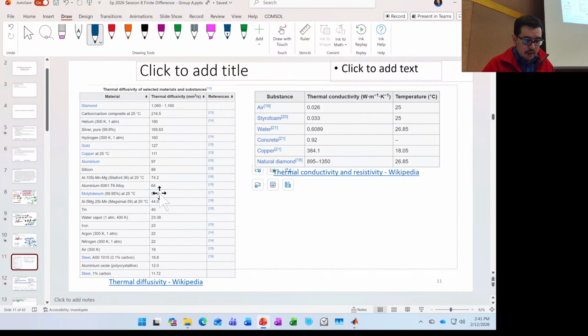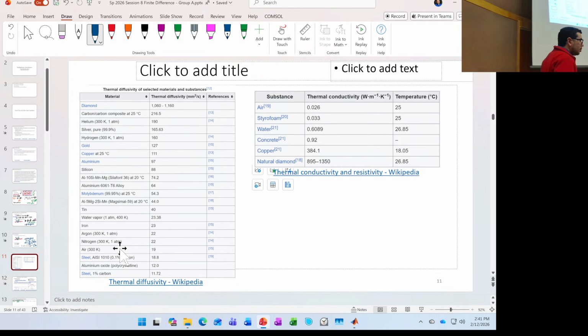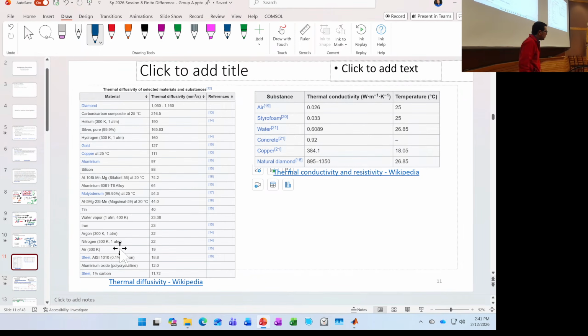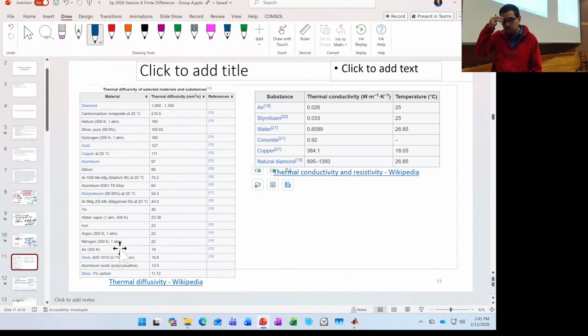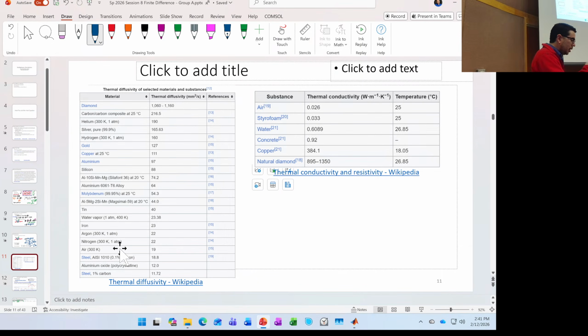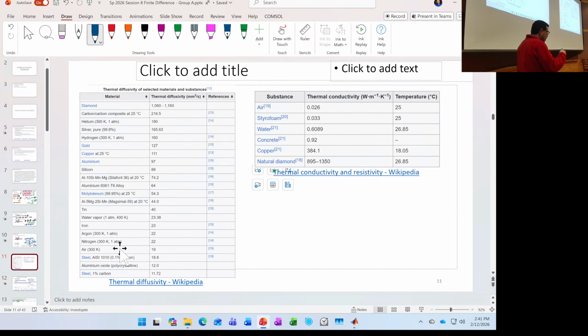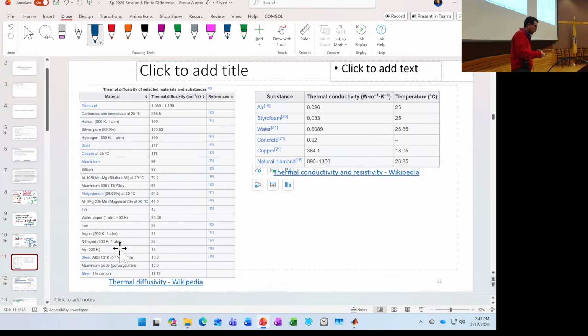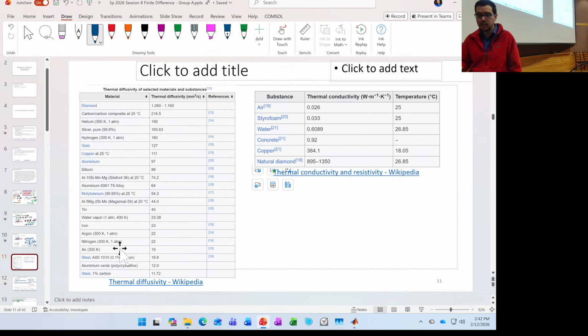And then in this, you'll see that air has a much lower thermal diffusivity than some of these other materials. Okay, so this is just a way to get your head around the idea of, all right, do I expect very fast changes of temperature for small amounts of heat flux or small amounts of temperature difference, or is it going to take a little bit longer?